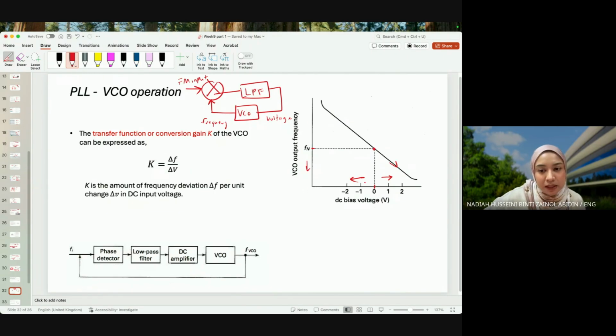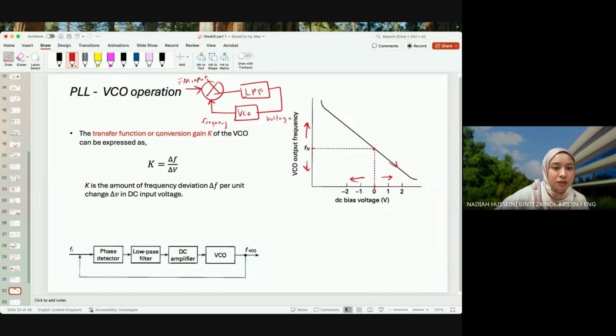If the DC bias voltage is negative, then the frequency would be increased compared to Fn. This is how it functions. So the LPF dictates what frequency the VCO produces, either higher than Fn, lower than Fn, or equal to Fn.